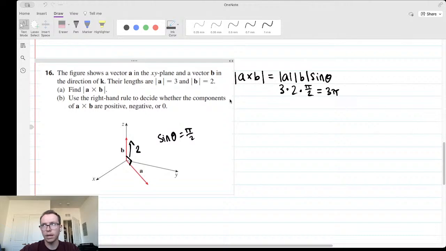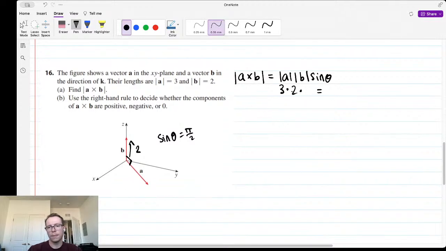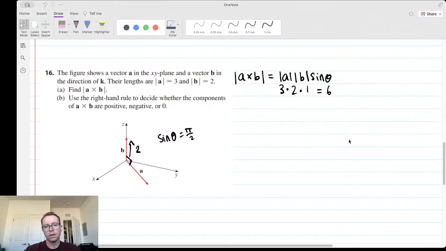Wait, sine of 90. Oh, I was thinking radians. Sine of 90 is 1. So that's 6. Okay.